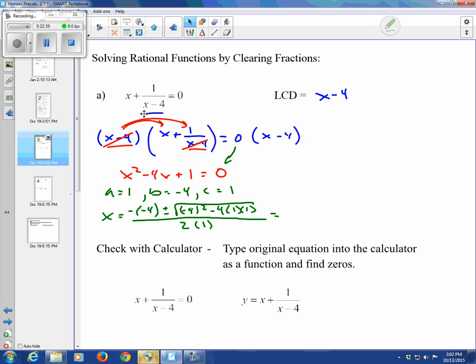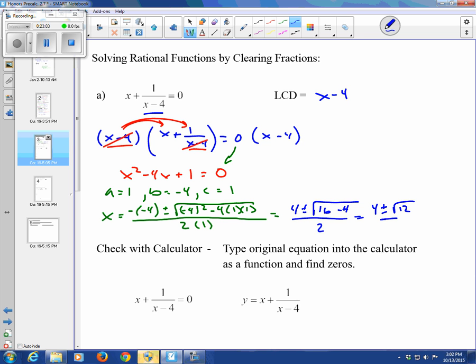So we can simplify this and solve it out. We get 4 plus or minus the square root of 16 minus 4, over 2, which gives us 4 plus or minus the square root of 12 over 2.